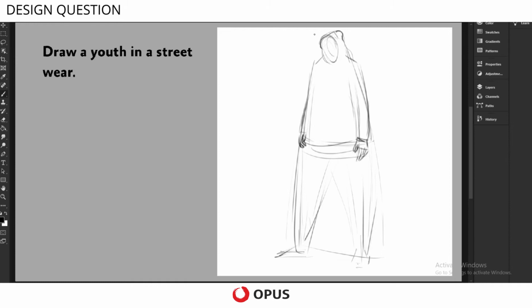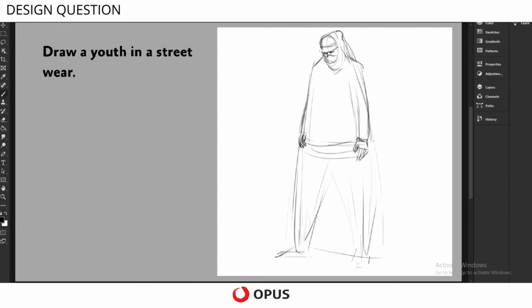So suppose he's wearing this hoodie and he's wearing a cap from inside, and there is a mask. Okay, so here we are going to give a little bit of indication of the face. All right, and this is how the hoodie is falling over his face.